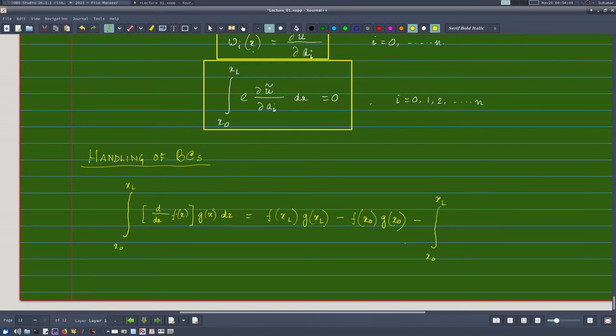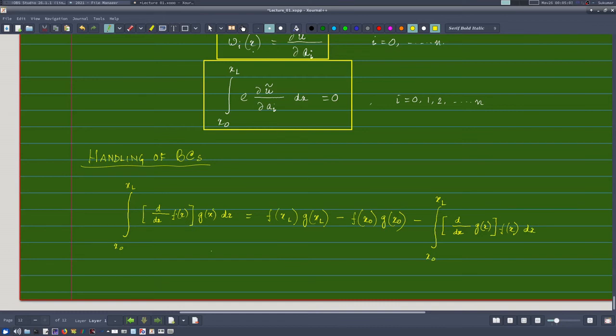Now my differentiation order is reversed. It will be d/dx of z(x), the second function, into the first function dx.